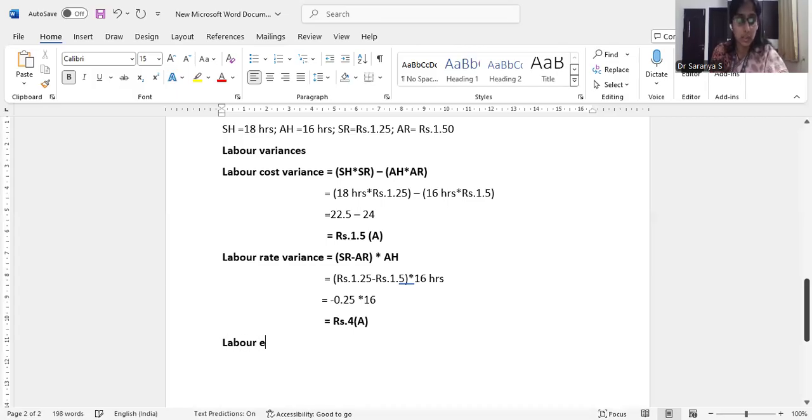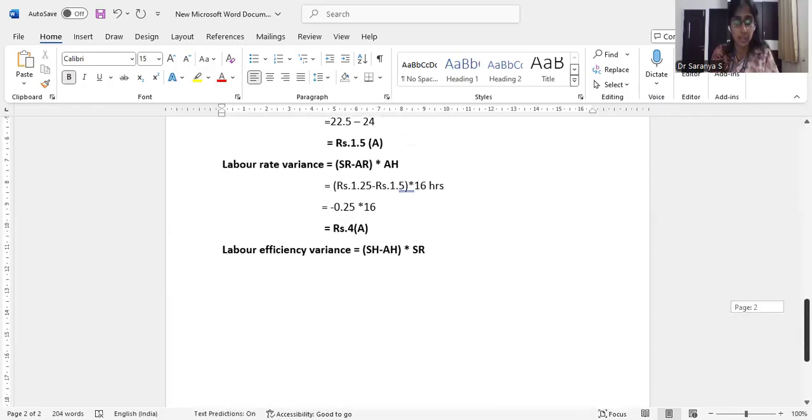The next one is labor efficiency variance. Here the formula is SH minus AH into SR. What is the standard hour?